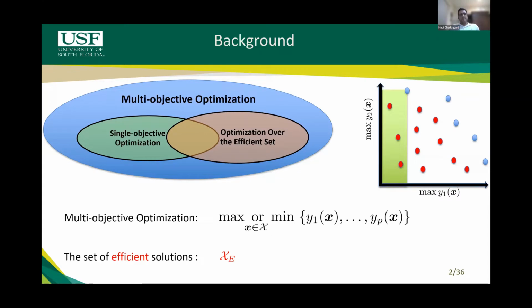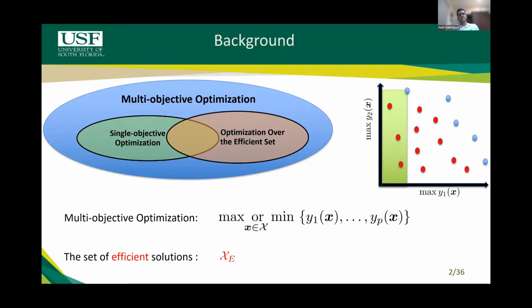In multi-objective optimization, there is also a direction of research called optimization over the efficient set, which I have been working on for a number of years. It basically asks what happens if we don't try to find all the efficient solutions, but instead optimize a function over the set of efficient solutions.